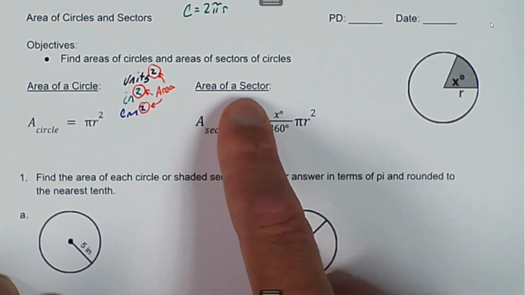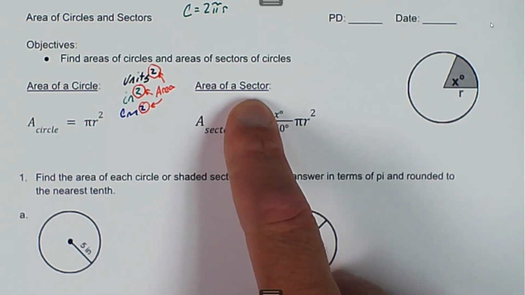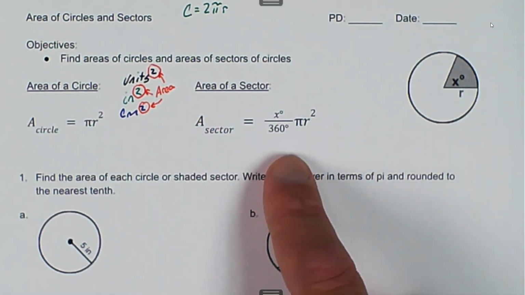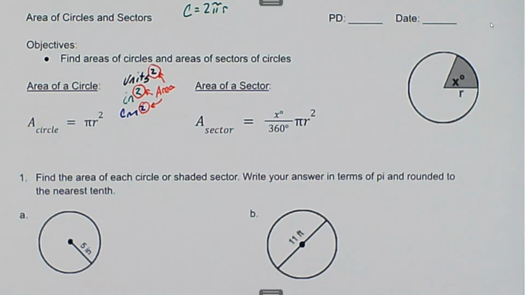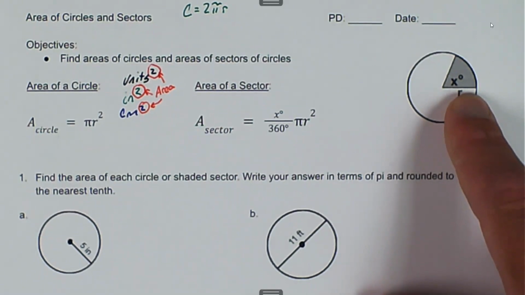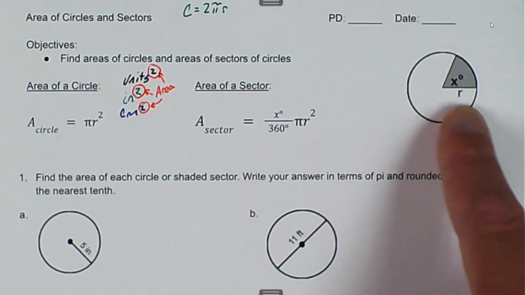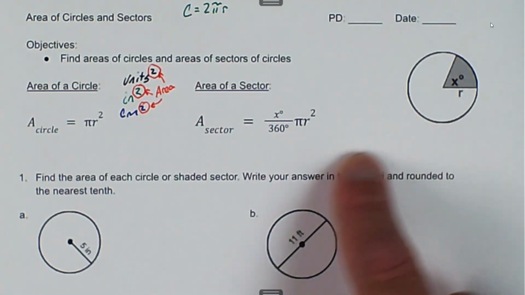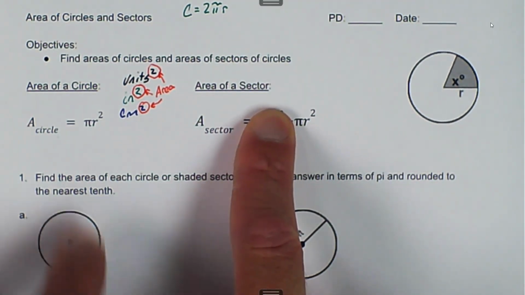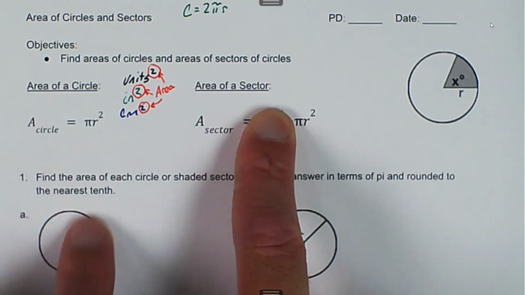Now we have the equation for area of a sector. To calculate the area of the sector, this is very similar to how we calculated the length of an arc. We still need that central angle x, and we need the radius r. So pi r squared is just the area of the circle.